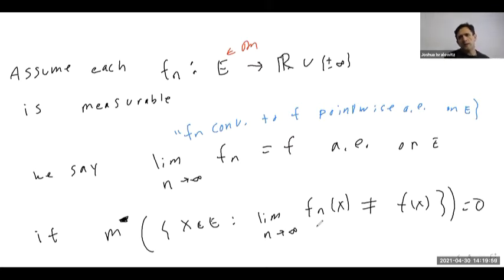Okay, so we're saying that pointwise we have convergence except possibly at a set of measure 0. So the set where we don't have pointwise convergence has measure 0, and hence it's very consistent with our previous usage of almost everywhere. Fn converges to F almost everywhere means the set of x where we don't have pointwise convergence has measure 0. Right.